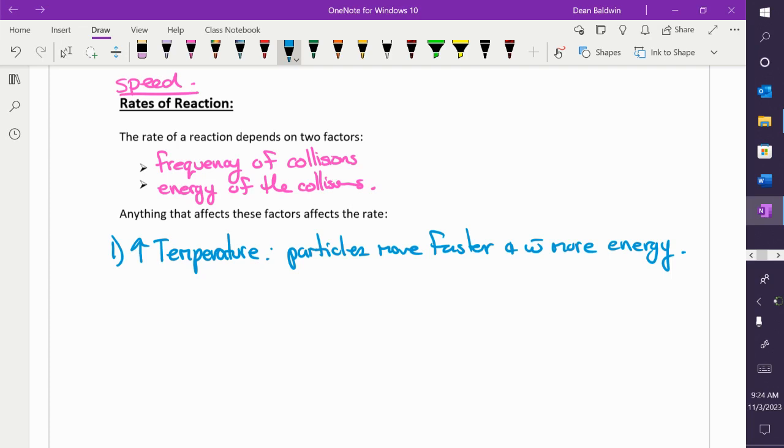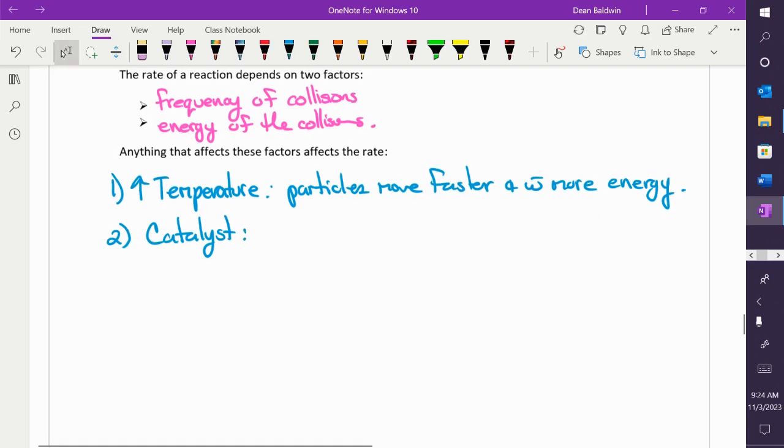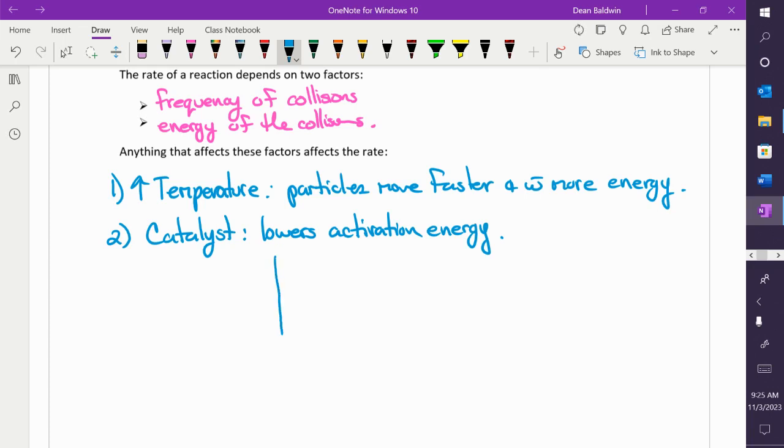Catalyst? What a catalyst does, I'm not going to ask you to reproduce this, but what it does is it lowers the activation energy. So if you're looking at a potential energy diagram, let's do an endothermic reaction.